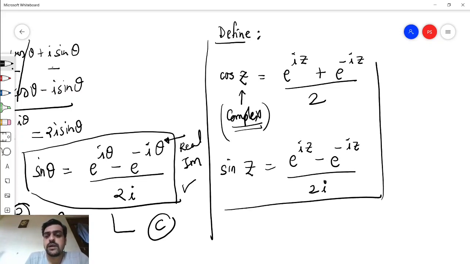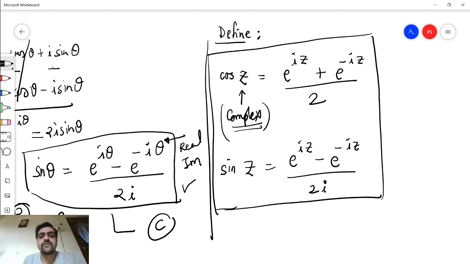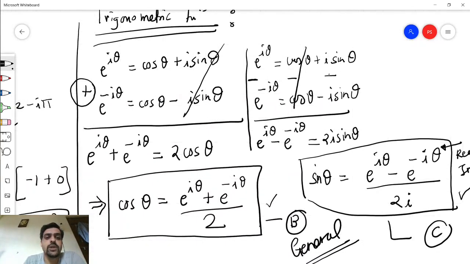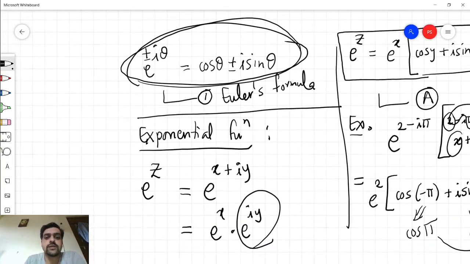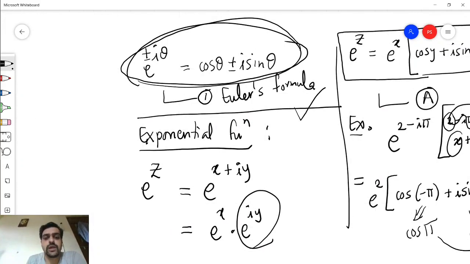These are the definitions of trigonometric functions involving complex numbers, and we have derived these two using the formula called Euler's formula.